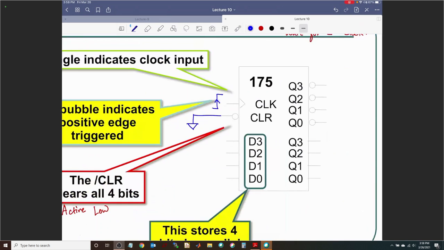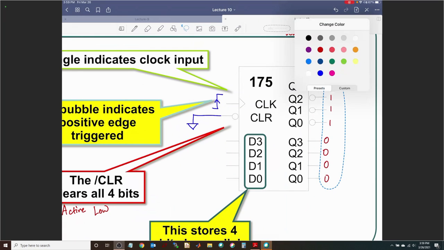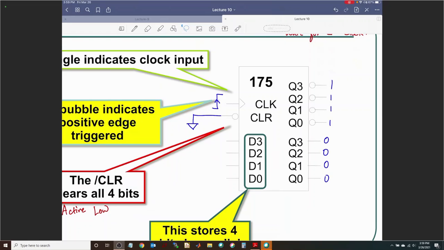And then all these become zeros. What about the other four? They need the rising edge on the clock. That's right, and then all the others will become a 1. Do you see that? So that is resetting, clearing the register. You have initialized it to a count of 0.